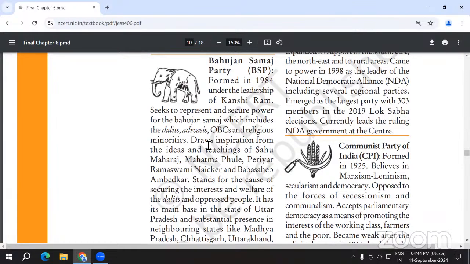Actually, they did not form any political parties. They worked for the depressed classes, the upliftment of the depressed classes. That is why inspiration was taken. Clear? So the first point we have seen is who founded it, for what purpose it was founded, and who inspired him in founding this. Next point.